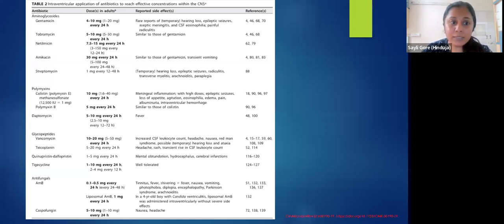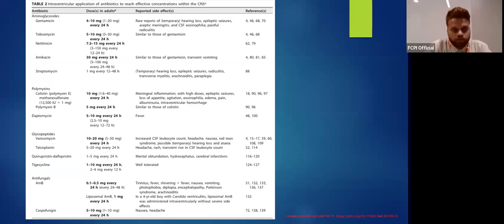So there is one article that has been telling us. This is the same article. There's a reference below. This article will tell about every drug, the dose and the interval of the intraventricular route. Understood, ma'am.